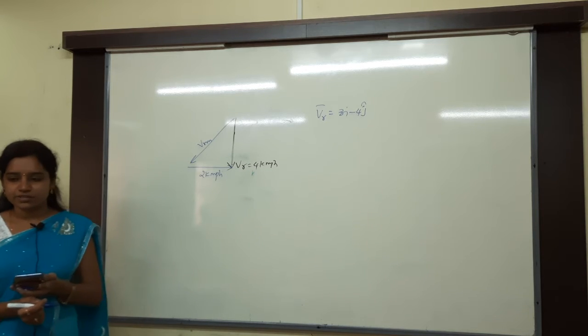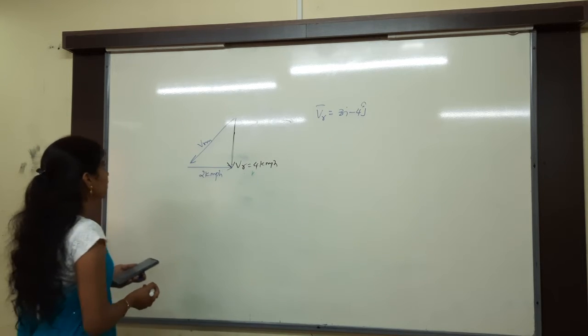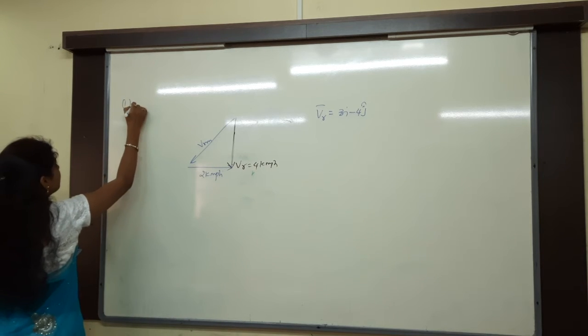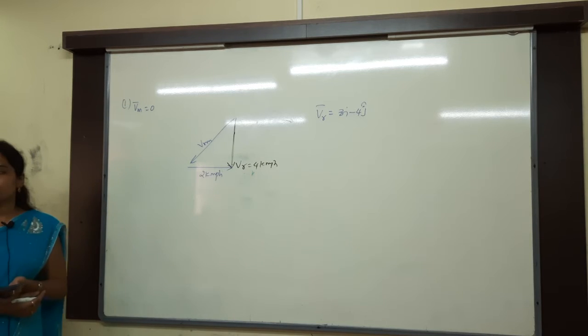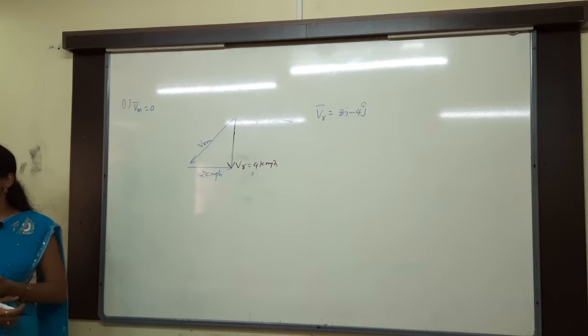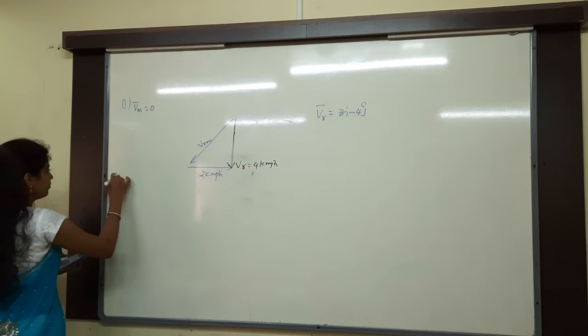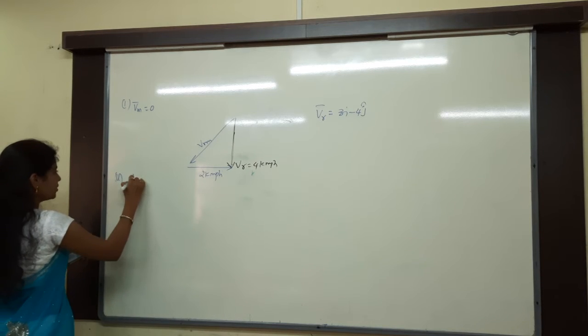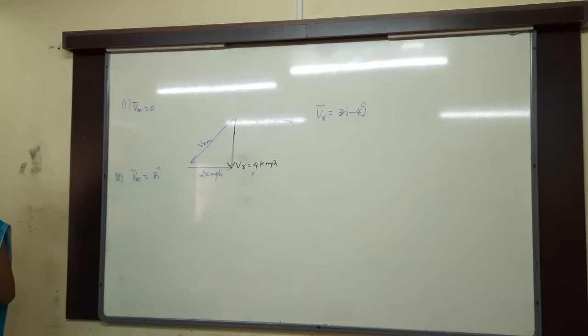In that first question, when Vm is equals to 0, what is the meaning of that? Man is at rest. Man is not moving anywhere, he is just at rest. Then next, second question, Vm is equals to 3i cap.